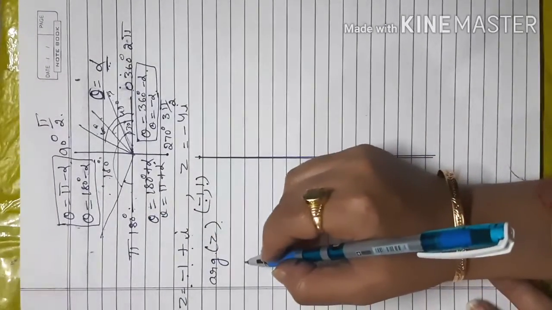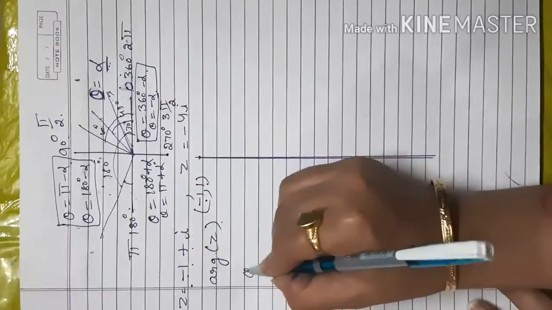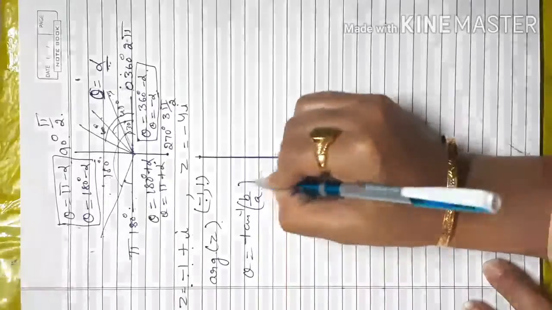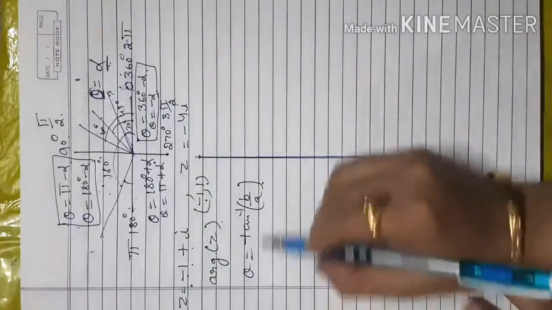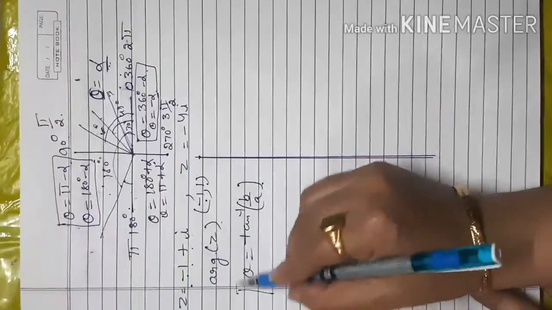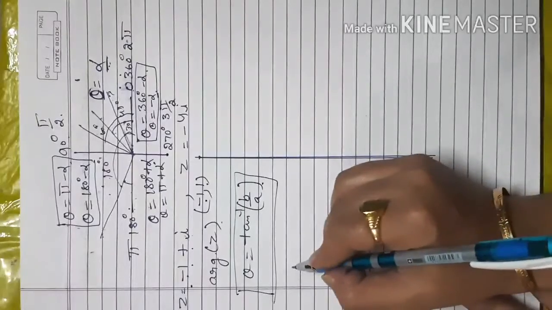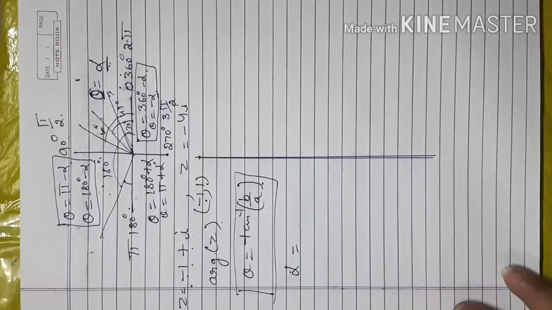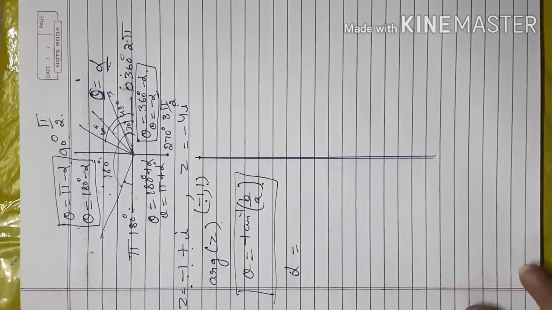So for that, first we identify theta is equal to tan inverse b upon a. This is my formula for finding the theta. But the easiest way is that when you are going to find it, first try to find the basic angle alpha. It will be easier after applying the quadrant rule.